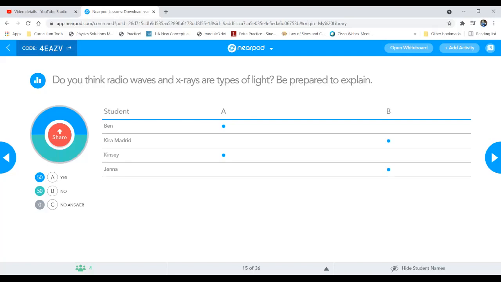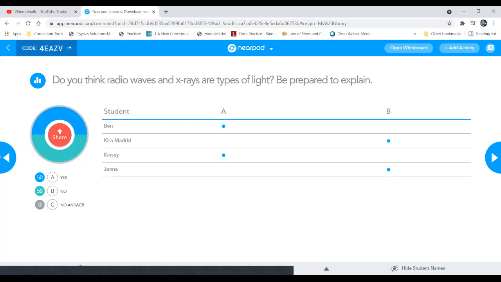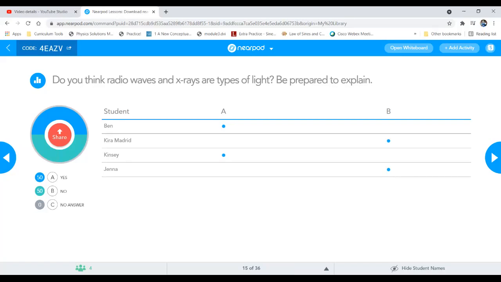Kenzie, why did you pick yes? Well, I know that there's a light when you get an X-ray, but I don't know if that has any part to do with it or if it's just a light.